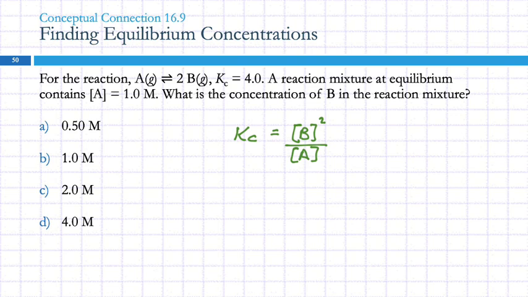And so they're telling me that the equilibrium constant is 4, and that A is 1 molar at equilibrium. And then they're asking me what's B. B is going to be 2.